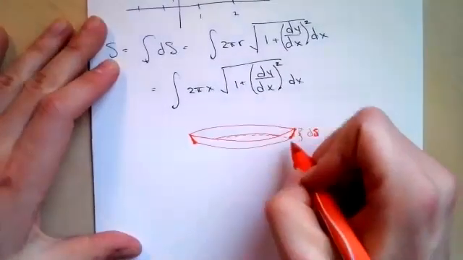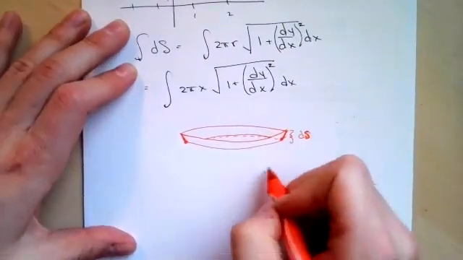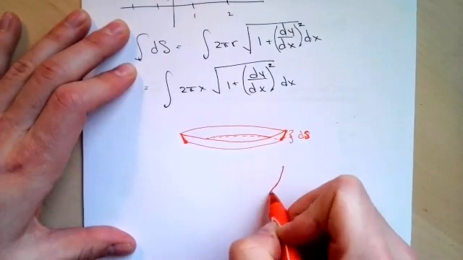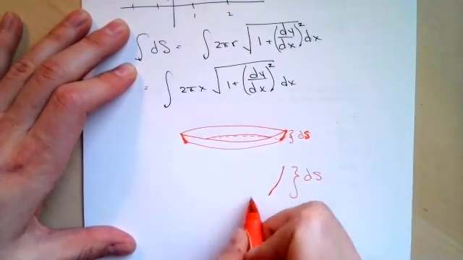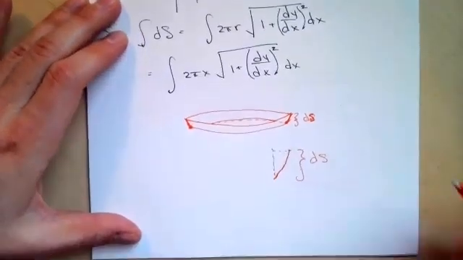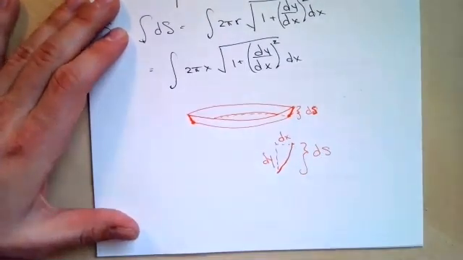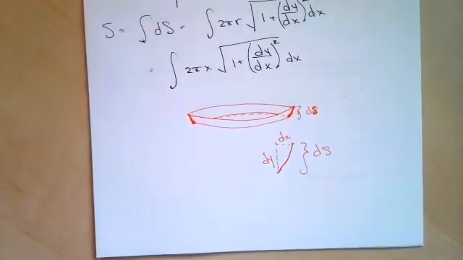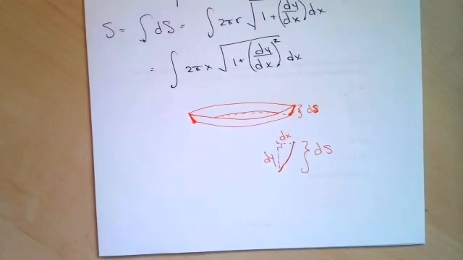And if we were to expand upon this ds side to draw it even bigger, just as we did with arc length, we derived this formula for little ds in terms of our Pythagorean theorem of x's and y's.